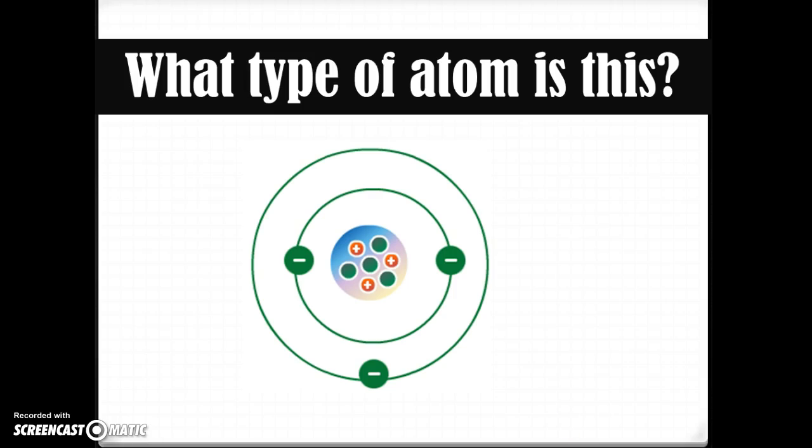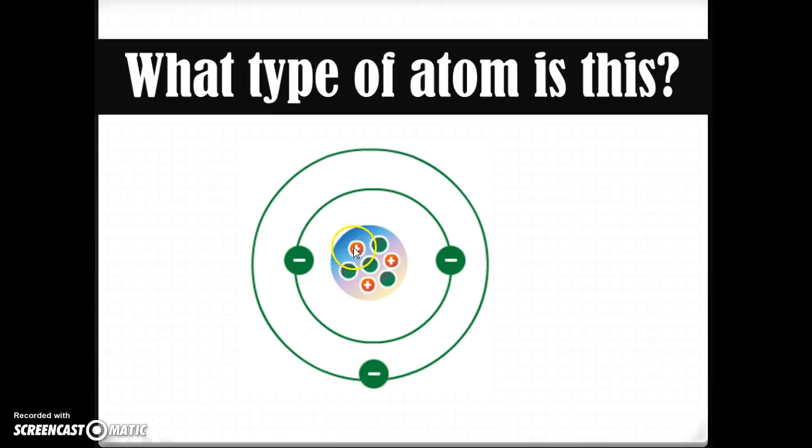Now, let's review. What type of atom is this? First, we're going to look in the nucleus. You can see in the nucleus we have 1, 2, 3 protons, 1, 2, 3, 4 neutrons, and we have 1, 2, 3 electrons in the electron cloud.